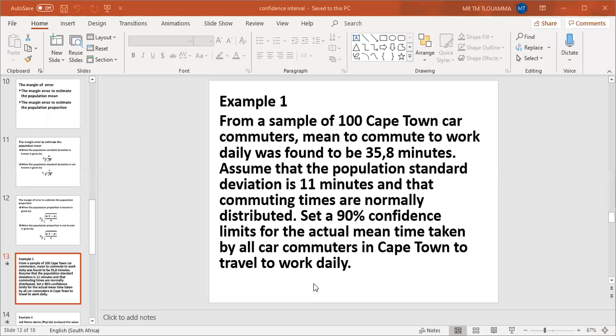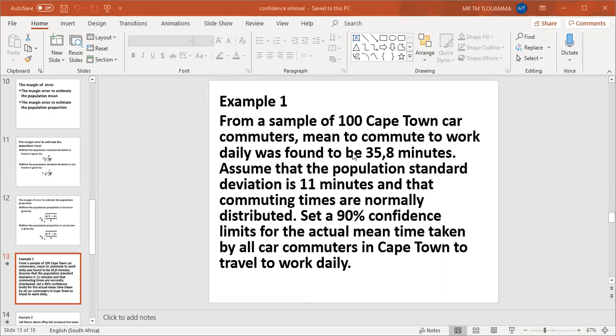Ne? So I'm going to give you a clue. From a sample of 100, this is our n, which is 100.